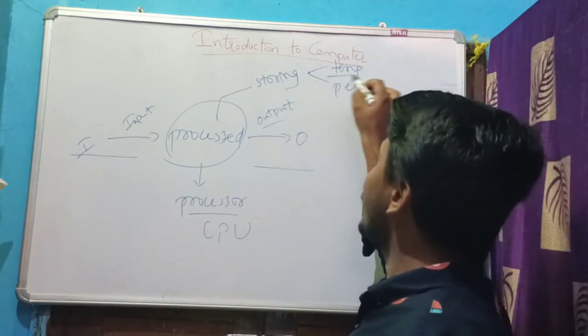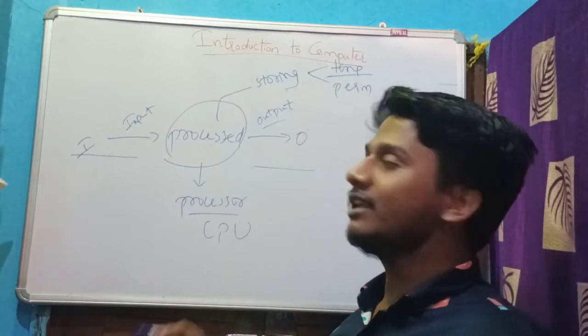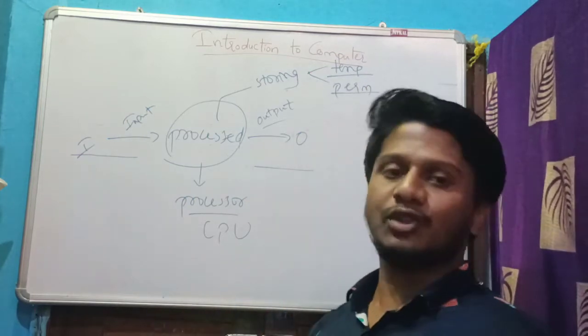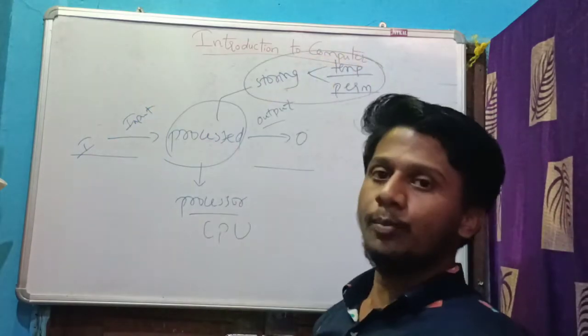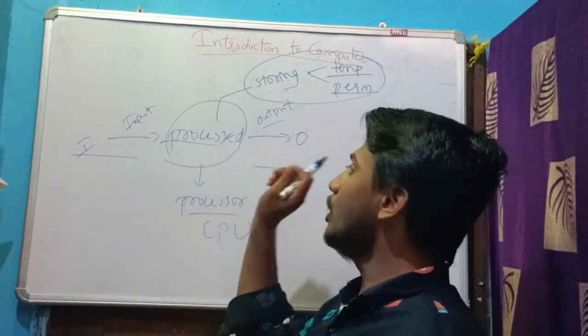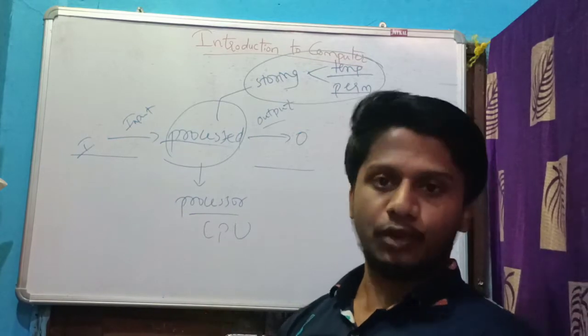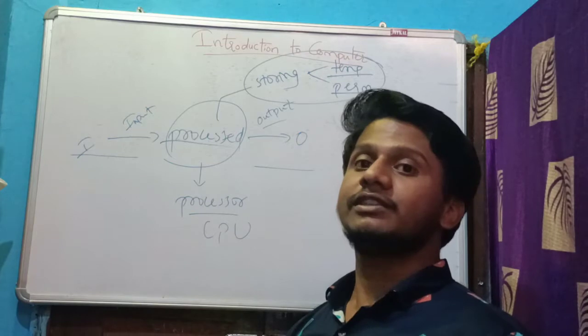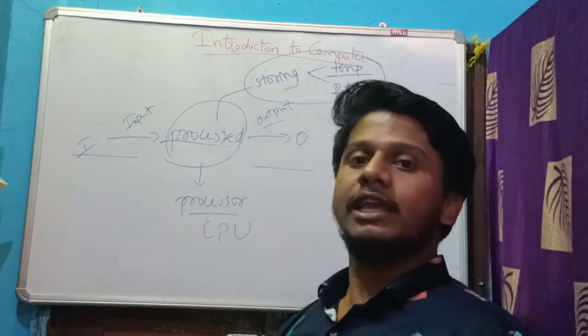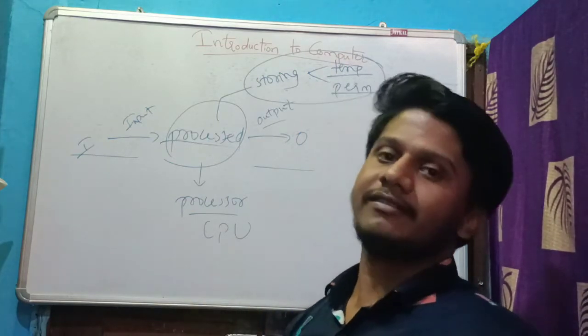For temporary storing there is one thing, and for permanent storing there is another, which we are going to learn about in the next video. But in this video we will learn about processing, how the data is processed and the different types of data which are represented. So without wasting time, let's start.